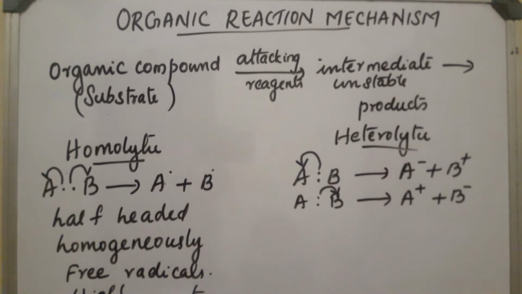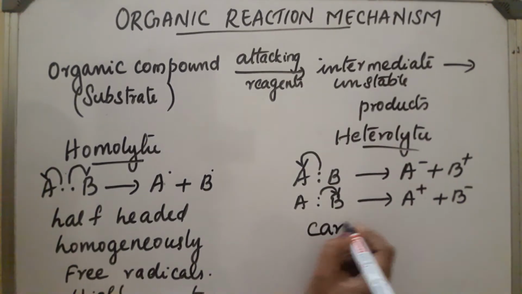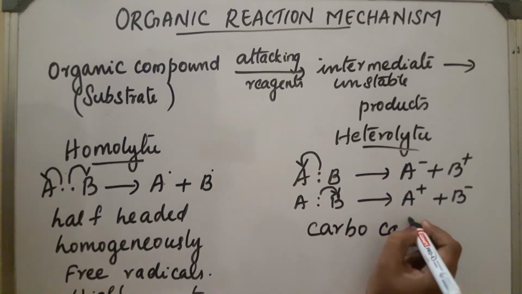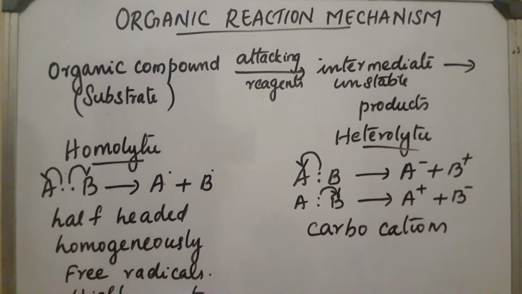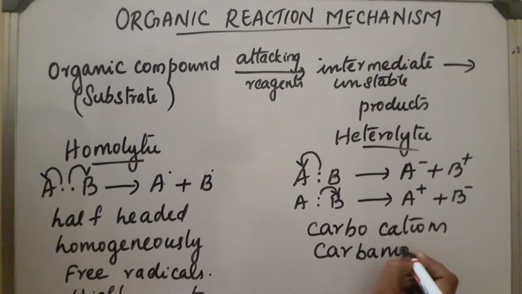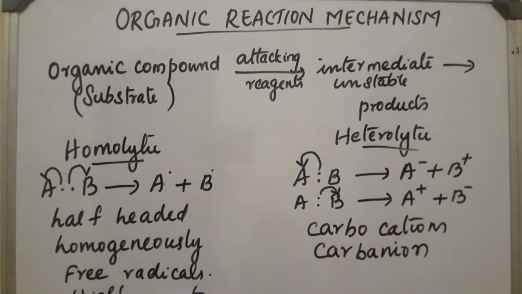In this case also, bond breakage and bond formation take place, and two types of products are obtained: carbocations having a positive charge, and carbanions. These are the two carbon species obtained in the case of heterolytic cleavage.